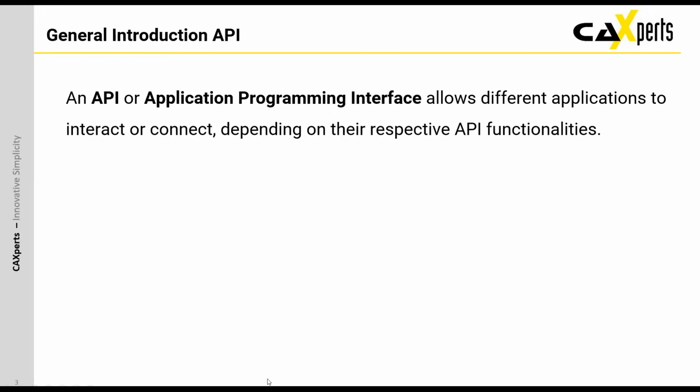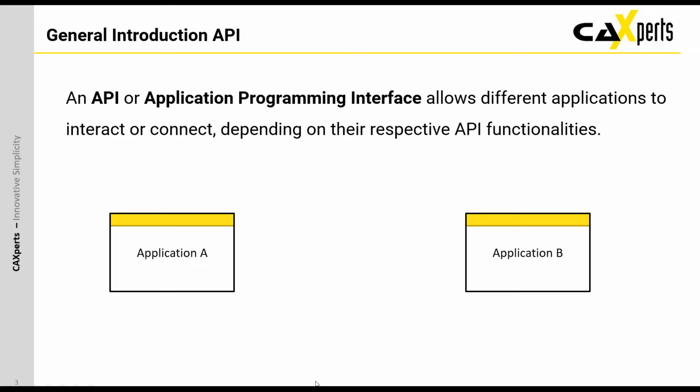So first of all, what does API mean? The API, or application programming interface, allows different applications to interact or connect depending on their respective API functionalities. So this means we have an application A and application B that are running for themselves at first. And if we want to make them communicate with each other, you can't directly go into the code.